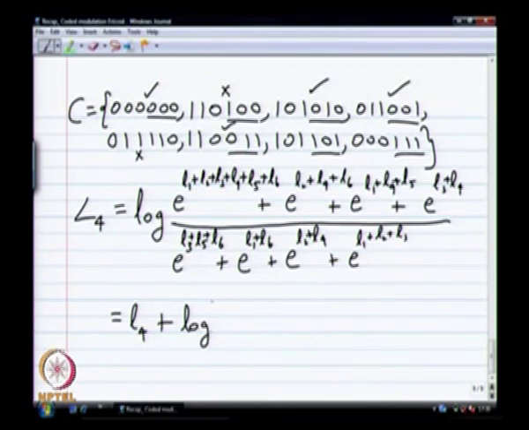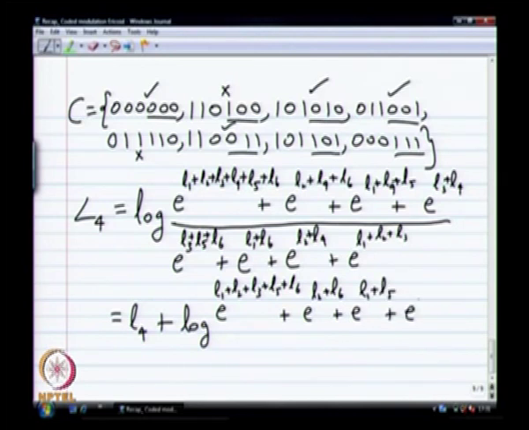Okay. What will be that something? You can write that down. So, I am going to write it down once again. Plus e power L2 plus L6 plus e power L1 plus L5 plus e power L3 plus L4, divided by e power, okay, the denominator does not change.